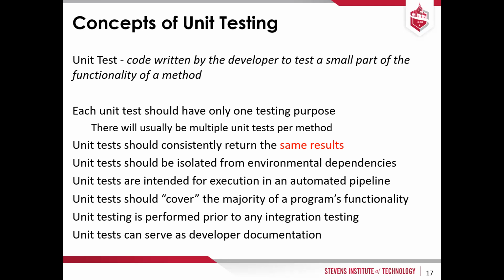Each unit test should have only one testing purpose. If we have multiple purposes, then we need to have multiple unit tests for that. It should consistently return the same result, which we get based on the automation that we are trying to use. It should be isolated from the environments that we are depending on. What is an example of the environment?